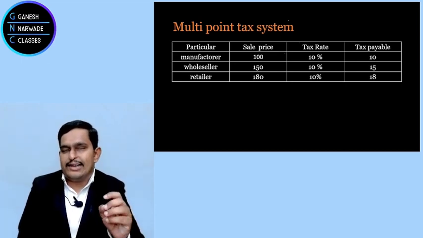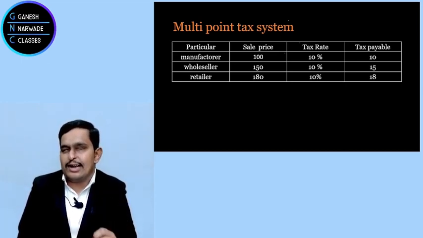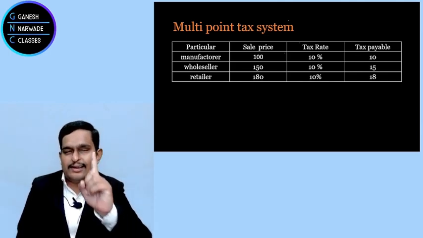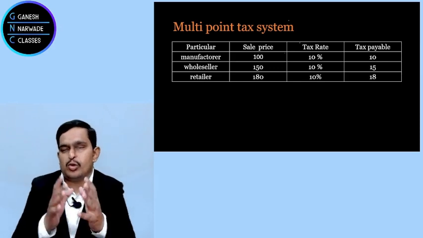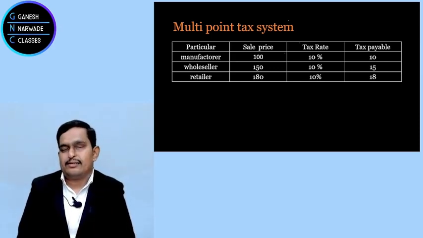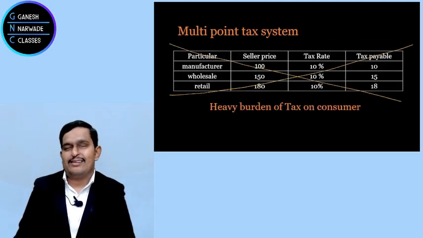So in 180, 150 is included, correct? Yes or no? So there is double taxation or multiplicity of taxes on the single good, and that's why multi-point tax system is cancelled. It's not good because the customer has to pay a huge amount of tax, right? So that's why multi-point tax system cancel.